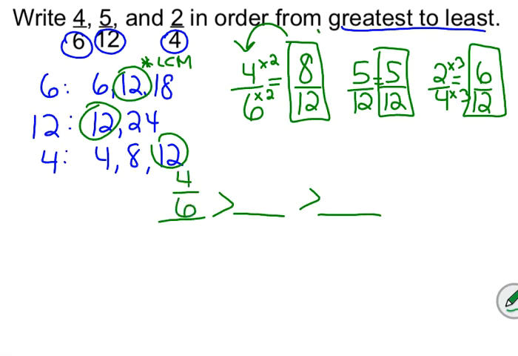Then I notice, put a little check, that 6/12 is next, which really is 2/4. And then last but not least, 5/12 is really 5/12. So there I have it in order from greatest to least.